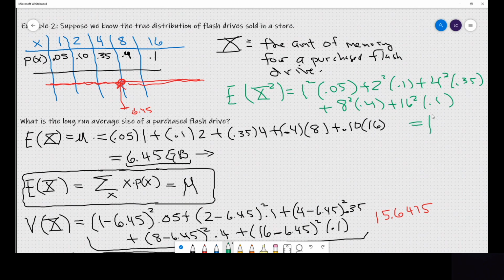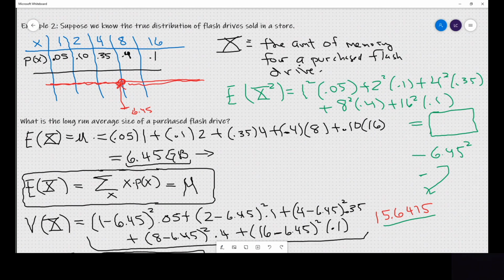And we can come up with that number. I'll use R here to find that number. And then we can subtract 6.45 squared, and then we'll get, hopefully, the exact same number, 15.6475. So let's use R to figure that out, to make sure that it gives us what we think it should be giving us. And then hopefully we prove it to ourselves.